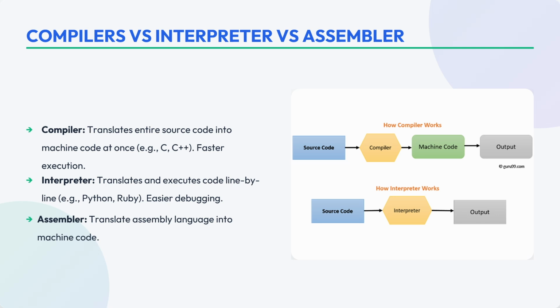So the entire string is converted into binary code, zeros and ones, and the assembler translates it into machine code, which helps them understand what the user wants to enter.